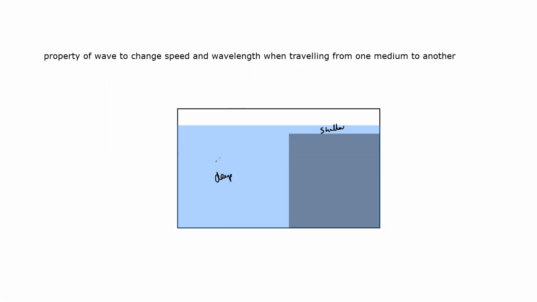In the deep region, because the particles have more space, compared to the shallow region they are relatively far away from each other. In a shallow region, because small space is available, particles are relatively closer to each other. So which water do you think has high density, deep or shallow? Shallow water has a high density because density is mass over volume.